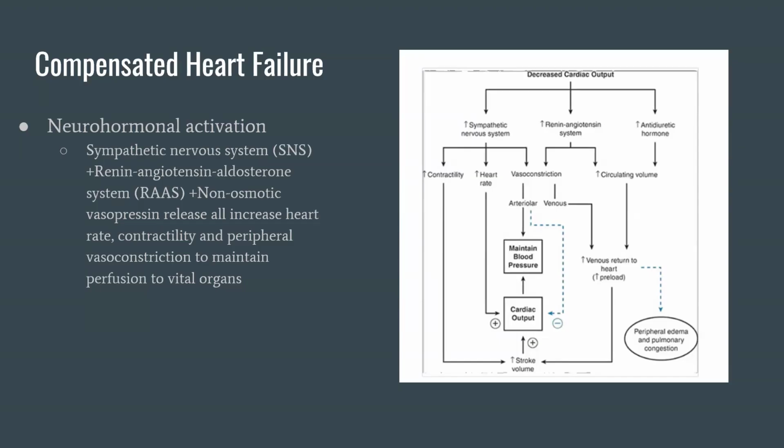So when we talk about guideline-directed medical therapy, we are blocking these pathways from happening to help the heart remodel and recover. So the angiotensin and aldosterone system, we're targeting that with ACEs and ARBs, right?